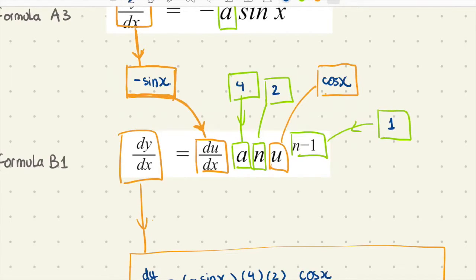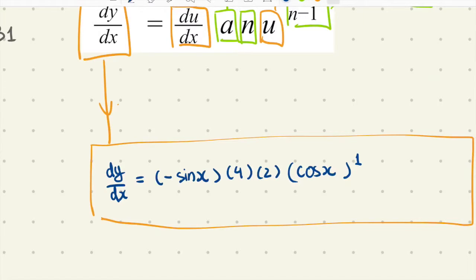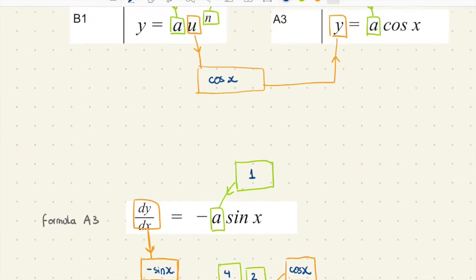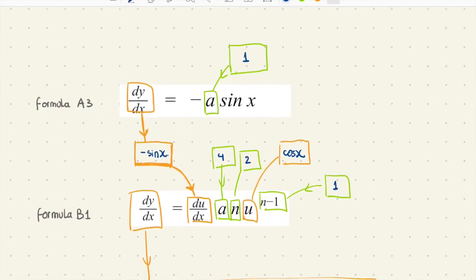You can put power 1, but we don't have to, because power 1 means you don't have to write it. If you simplify this expression, you will get negative 8 sine x cosine x, and that is the answer for example 6. For example 6, negative 8 sine x cosine x.